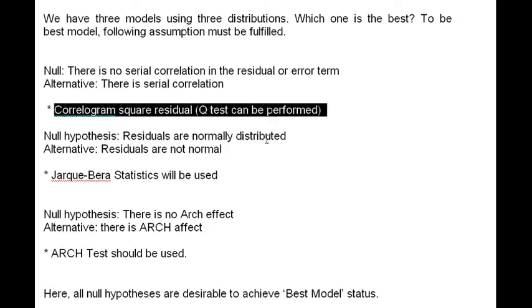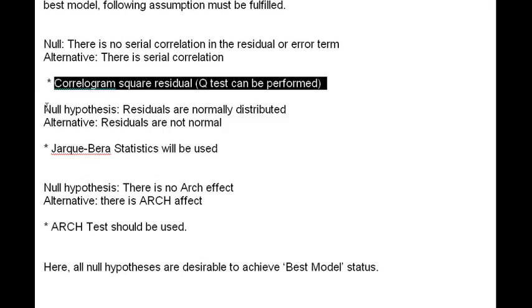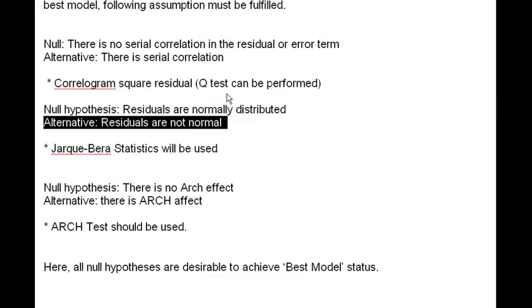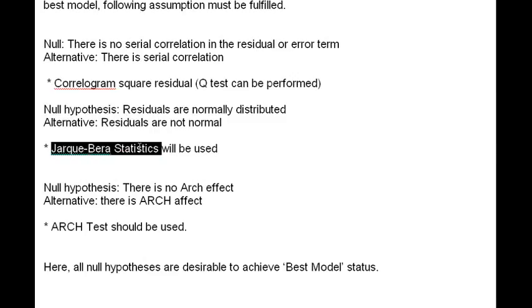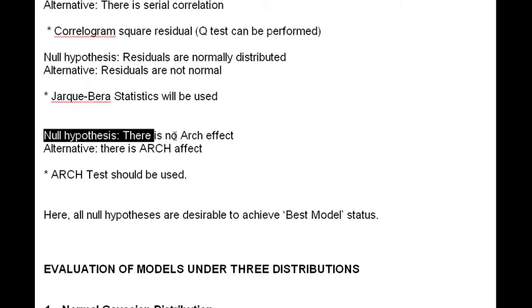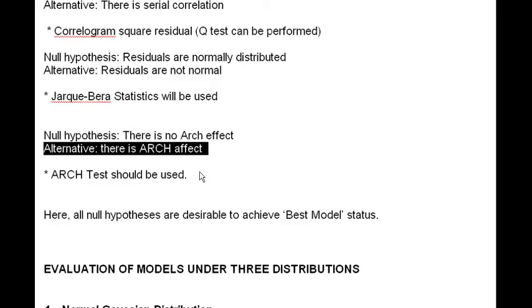Then the second hypothesis: residuals are normally distributed. Alternative: they are not normal. This one can be tested using Jarque-Bera statistics. And the last one: there is no ARCH effect. Alternative: there is ARCH effect. This can be tested using the ARCH test.